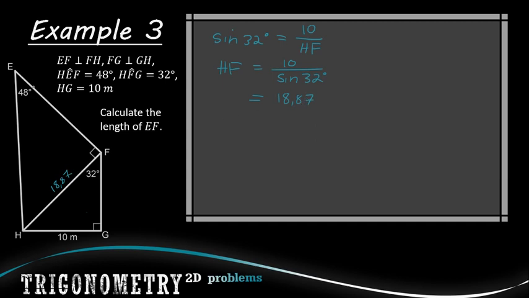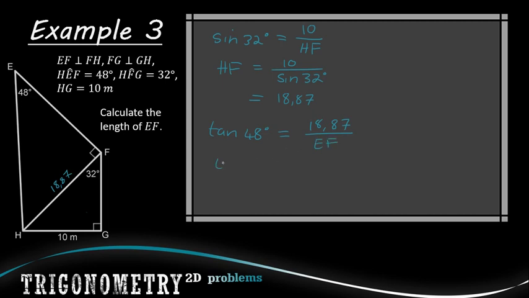Okay, so here we have 18,87, and then we want to find EF. So from the 48 degree angle, we have opposite over adjacent, and opposite over adjacent is tan. So tan of 48 degrees is equal to, opposite is 18,87, and adjacent is EF.